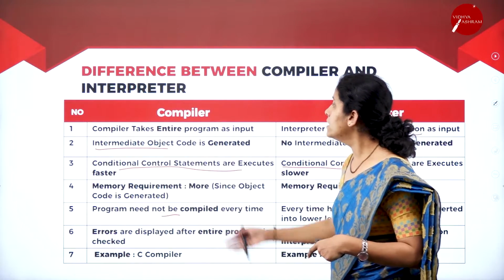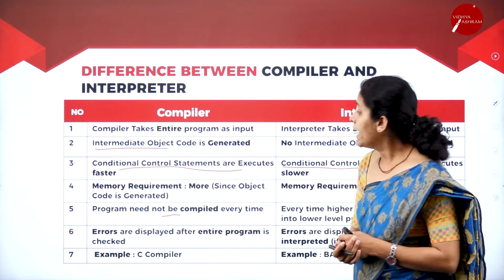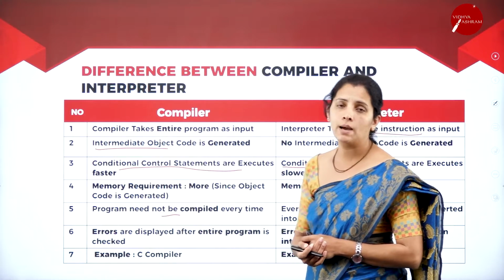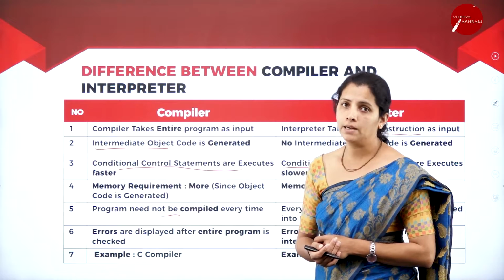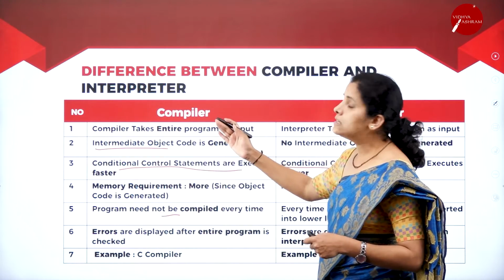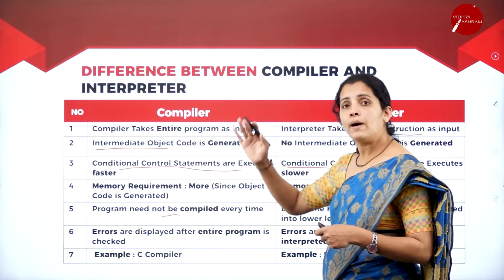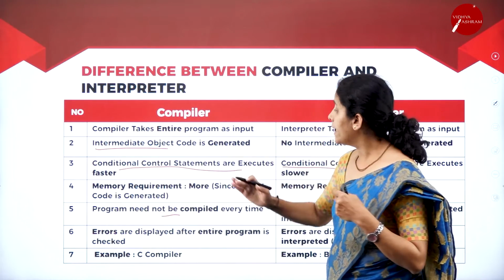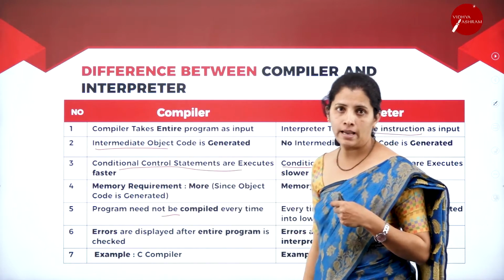And if I consider the compiler, errors are displayed after the entire program is checked. That means if I compile my program, I get the errors at the end of compilation.